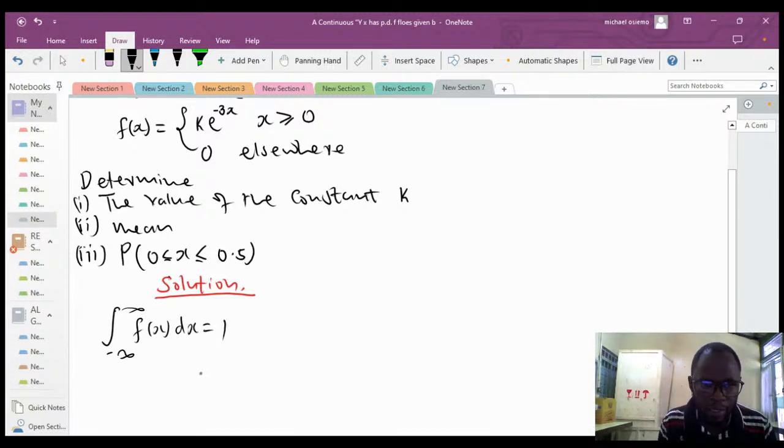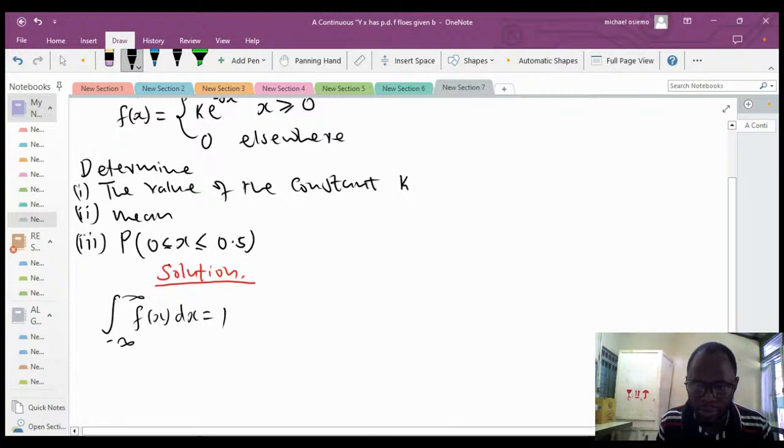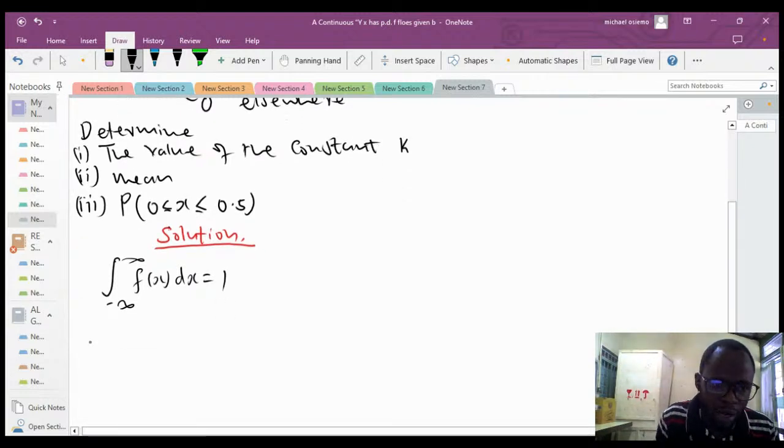This is the property you're going to apply in this case, with f of x being k exponential negative 3x and the range for our problem.